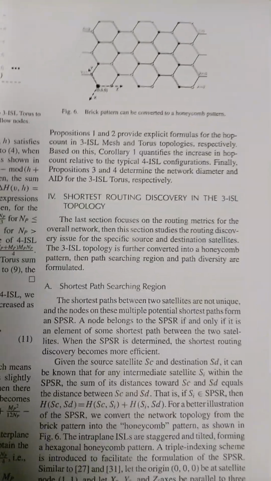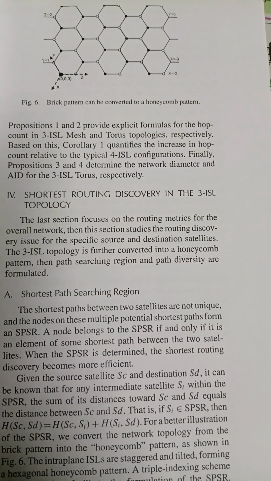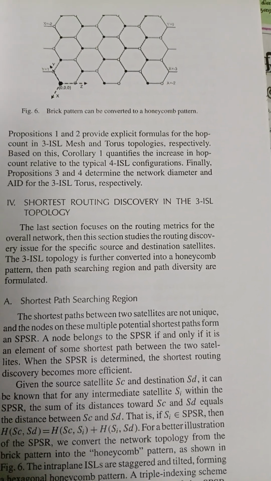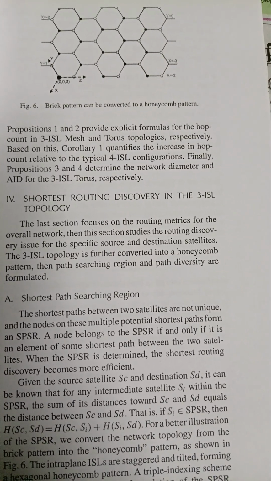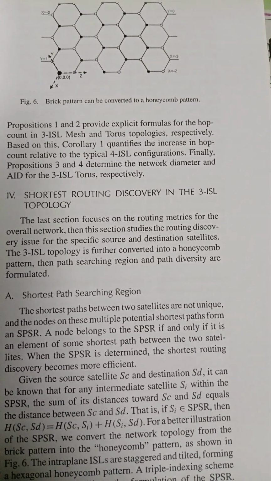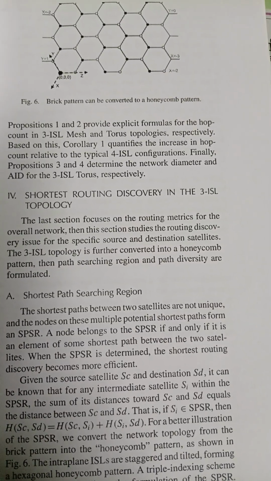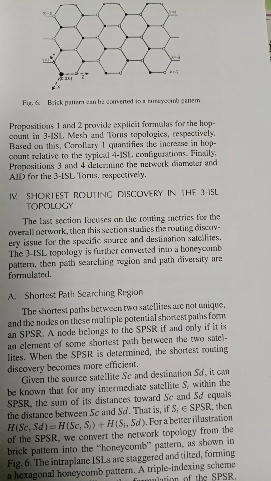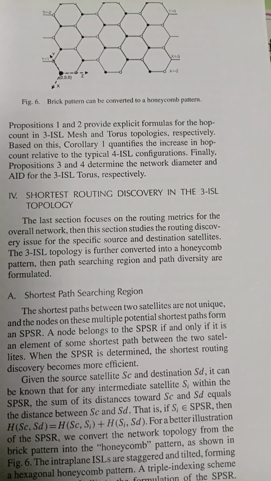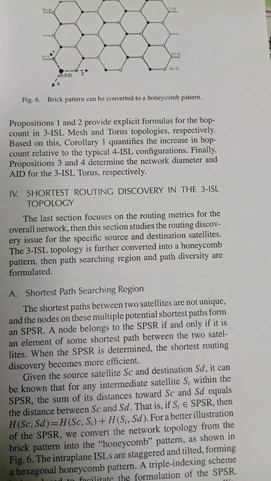Subsequently, Propositions 1 and 2 provide an explicit formula for the hop count in 3-ASL mesh and torus topology respectively. Based on this, Corollary 1 quantifies this increase in hop count relative to typical 4-ASL configurations. Finally, Propositions 3 and 4 determine the network diameter and average distance for the 3-ASL mesh and torus respectively.